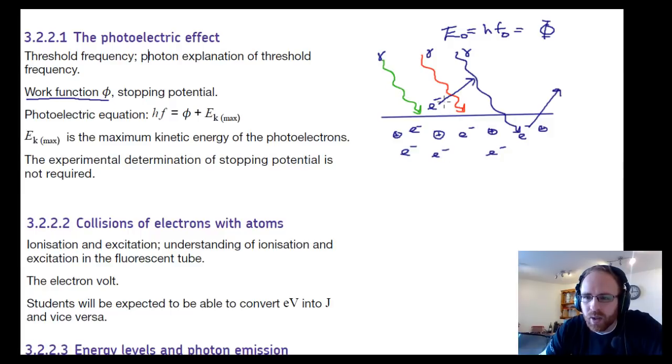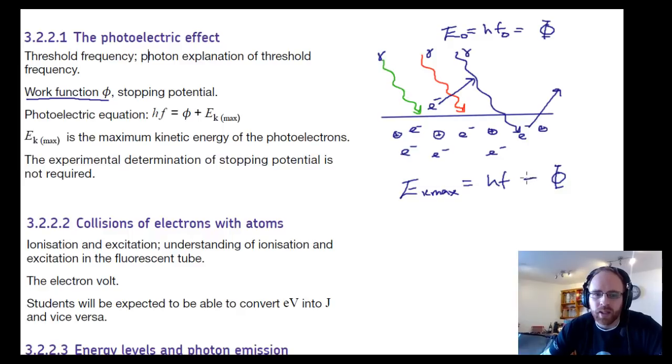If I use the work function, I can find that when my photon collides with an electron, I can get some maximum kinetic energy, and that's going to be the energy of the photon minus the work done in removing the electron from the surface of the metal.